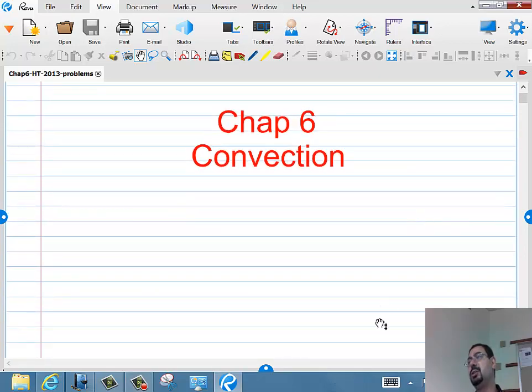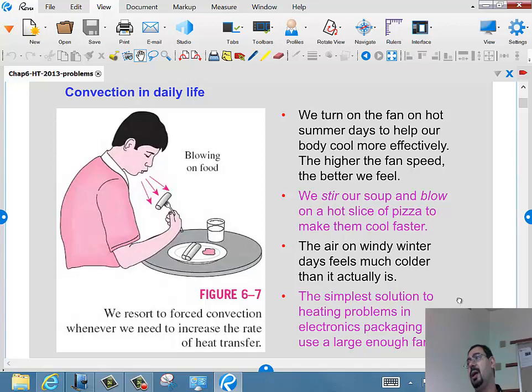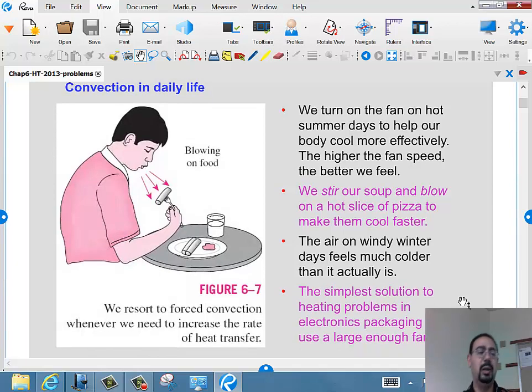So this is about convection, heat transfer. The physics underlying convection is that a hot surface, whether it's a pipe or a tank or whatever thing you're trying to cool, is conducting heat with the first layer of air touching it.